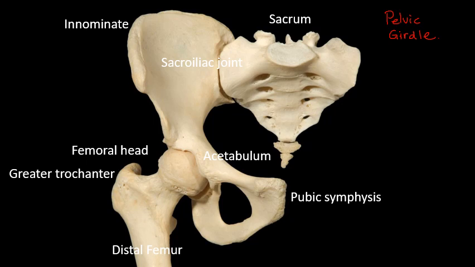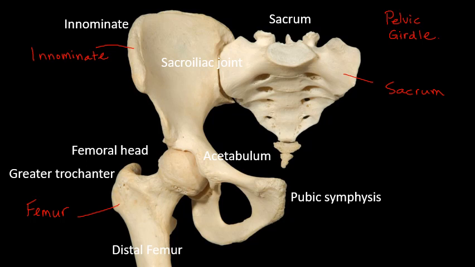And it's made up of, what are we looking at here? 3 different bones. So the sacrum, the innominate bone, I've got that written in, but I'm going to write it in again, because I've started something and I'm going to finish it. And the humerus, sorry, not humerus. Get rid of that H. The femur, okay.